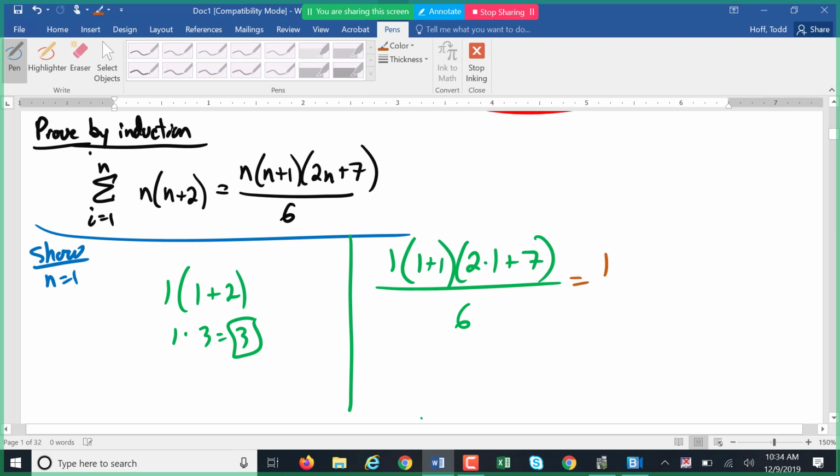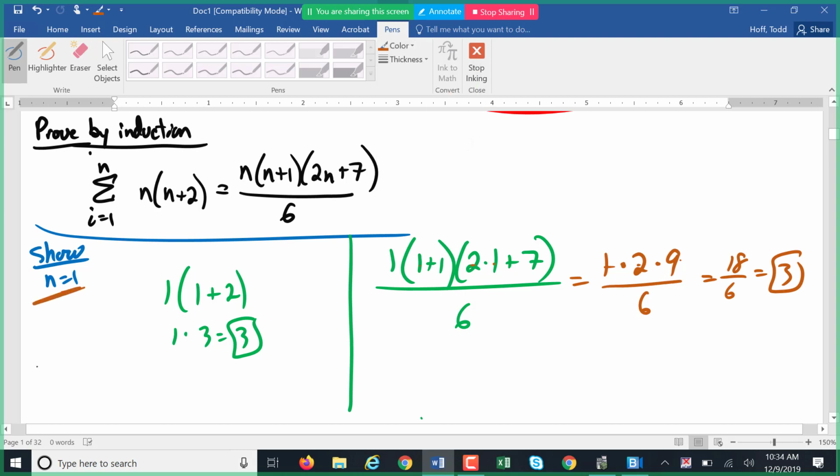Well, the 1 is just 1. 1 plus 1 is 2. Oops, that's 3 times, not plus. Times 2 times 1 is 2 plus 7 is 9. 1 times 2 times 9 is 18 over 6, which is 3. So it is true for n equals 1.